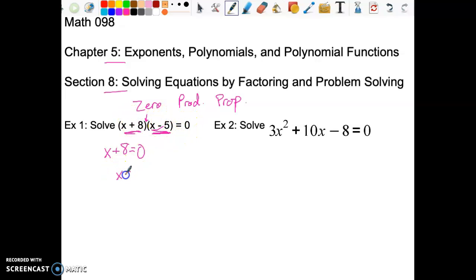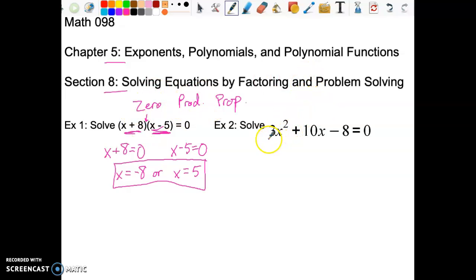So if you subtract 8 over, you get negative 8. Now that's not the only possibility, because the right side could have equaled 0, because if the right side equals 0, anything times 0 is 0. Well, there you add 5 to the right side, and that's why your answers are always the opposite of the factors.